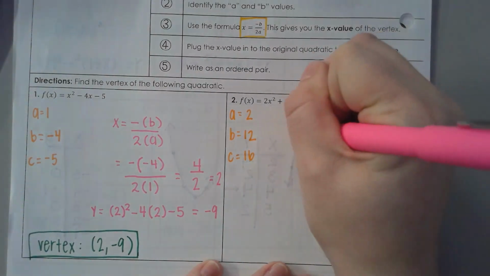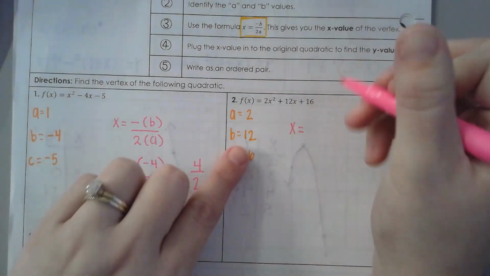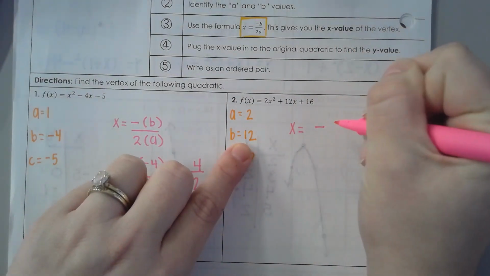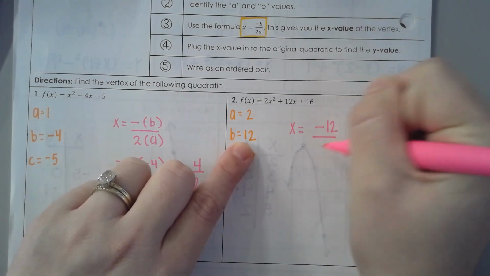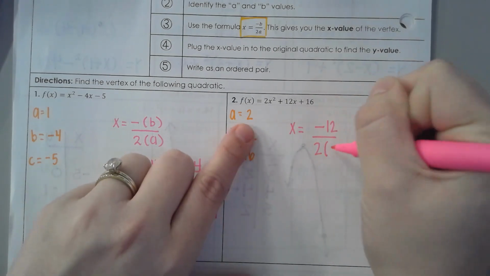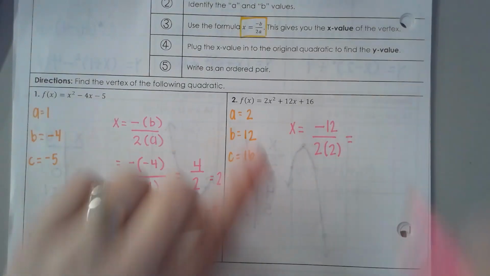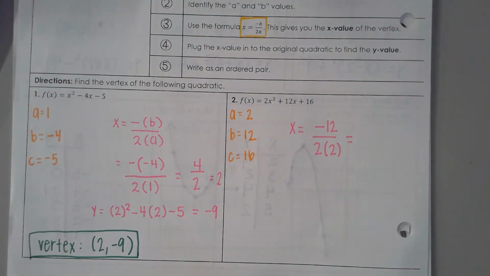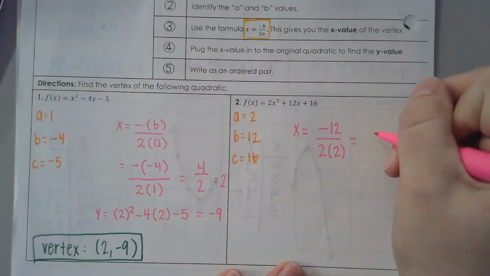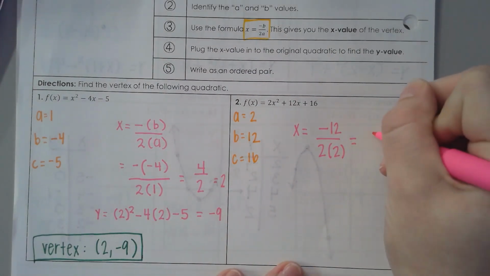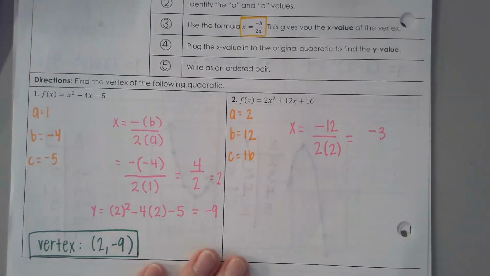So x equals negative b, so -12 over 2a, so 2 times 2. So -12 over 4 is -3. So that's the x value of the vertex.